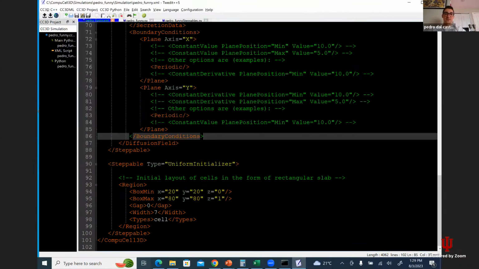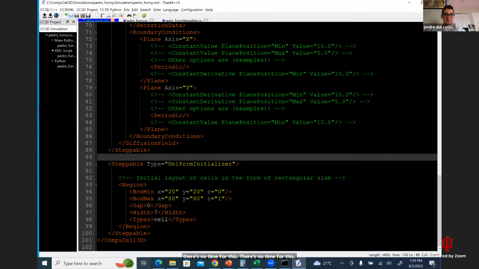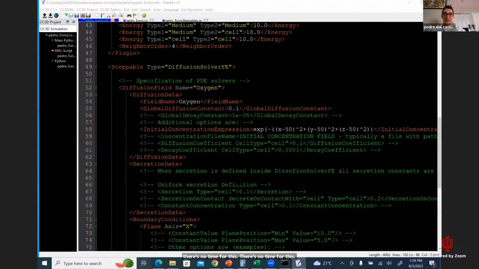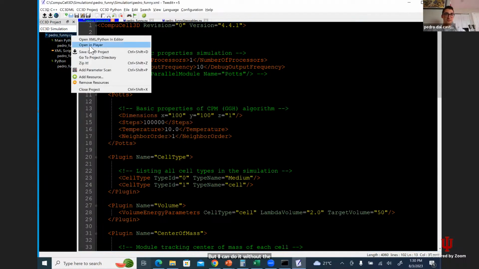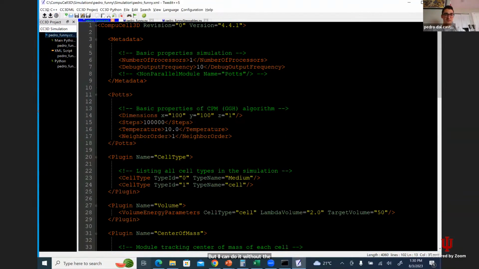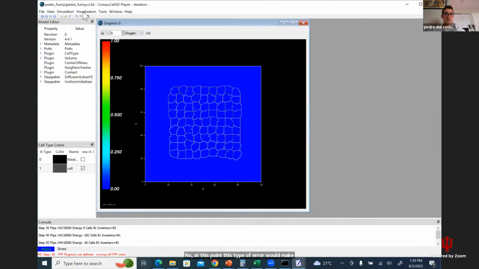Yeah, there's no time for this. But I can do it without the Z component. No, at this point, this type of error would make me rebuild the simulation from scratch. Okay, just so you know how I would deal with the problem.